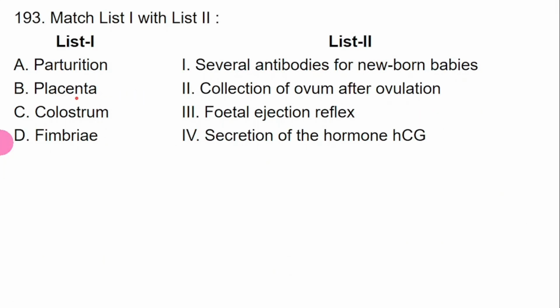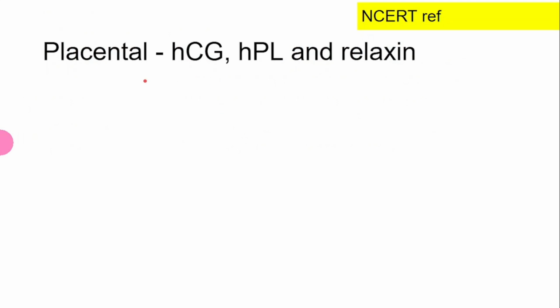Then, next one is placenta. Placenta matches with B. B is 4, secretion of hormone HCG. See, placenta secretes hormones HCG, HPL, and relaxin. Placenta is the structure formed between the blastocyst, which has an outer layer called trophoblast, the nourishing layer, and an inner cell mass.